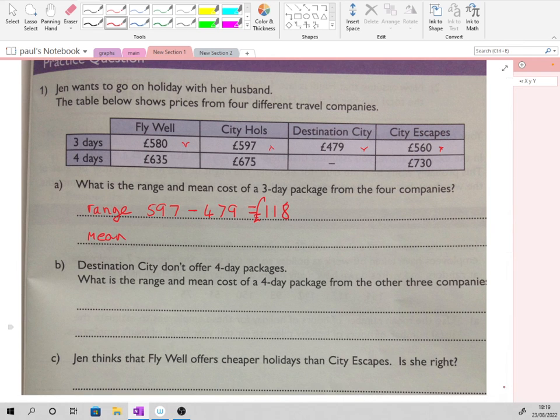And the mean is, we're going to add them up. 580 plus 597 plus 479 plus 560 and divide everything by 4.